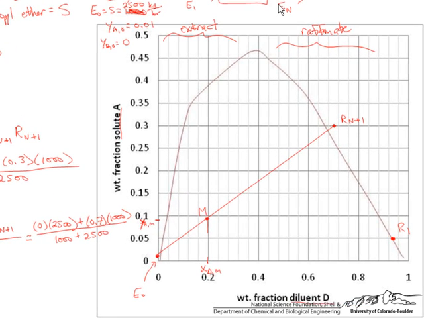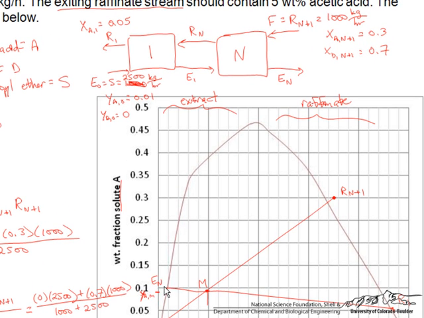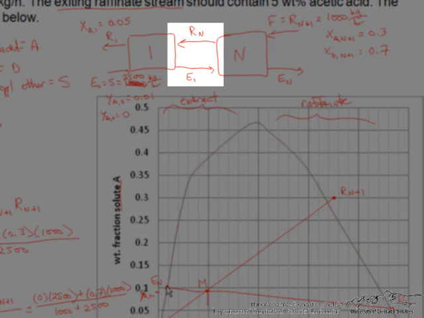And I also know that En will be saturated, so it's got to be on the saturated curve. So I'm going to draw a line between these, and I will have En right here. Alright, so now I know the compositions of all of my streams coming in and out of the process, but I don't know anything about the streams that are internal to the process.